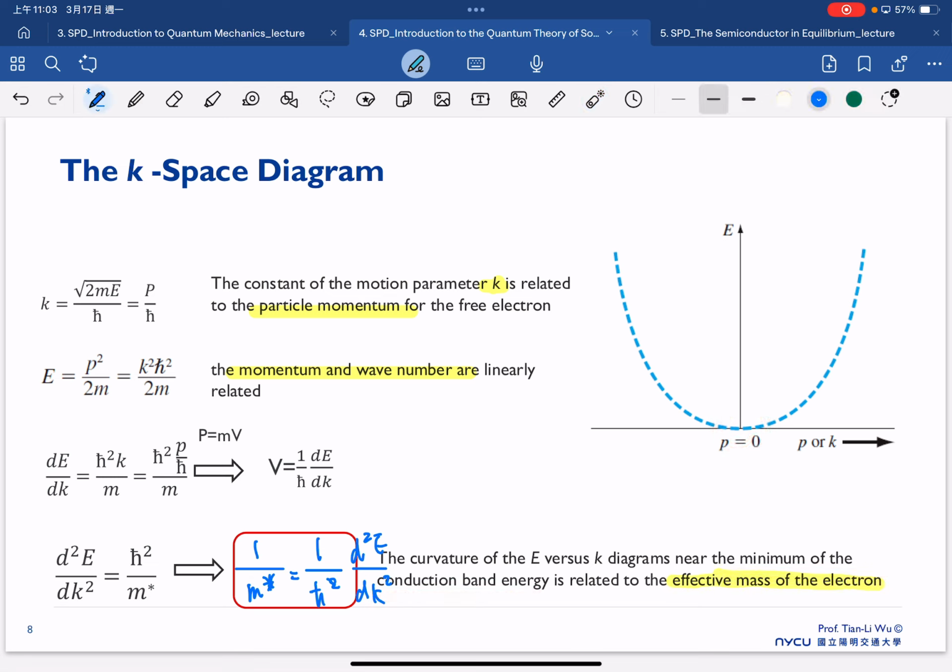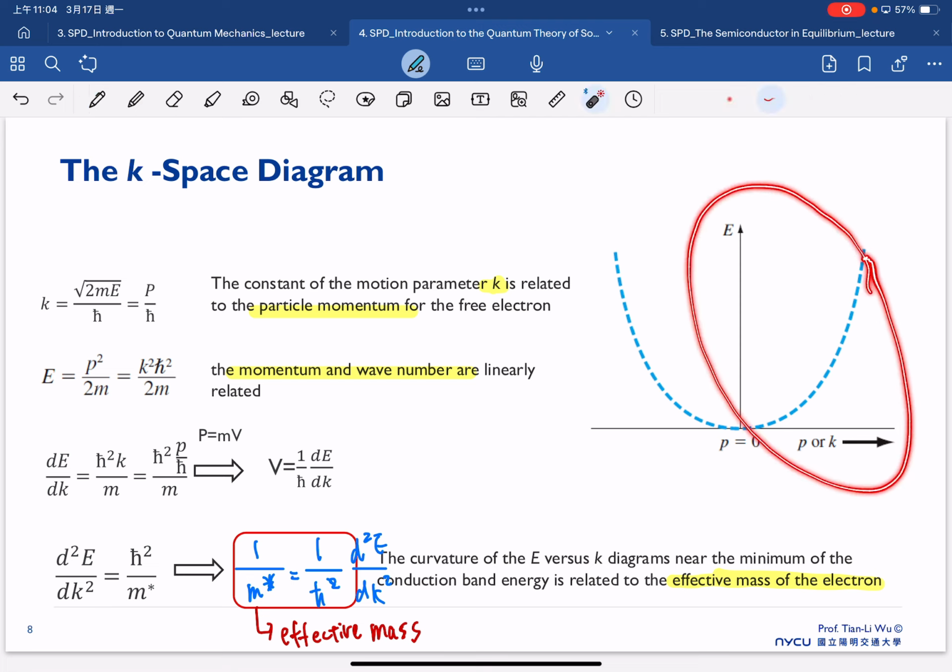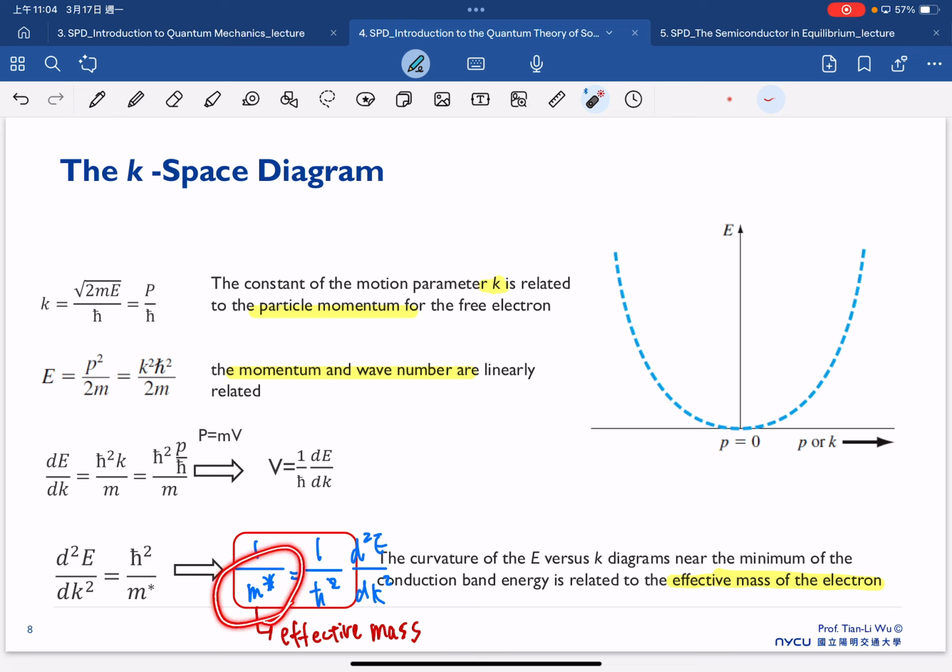So that means this is the effective mass. That's also some additional small concept related to the K-space diagram. So we can consider the E-K diagram and then derive the effective mass.